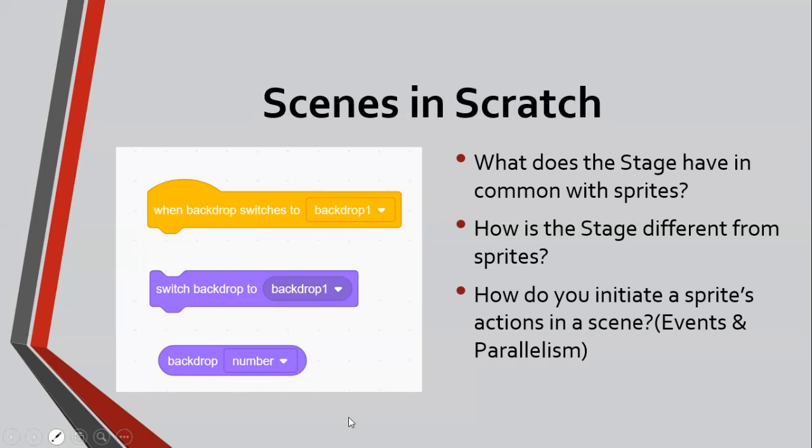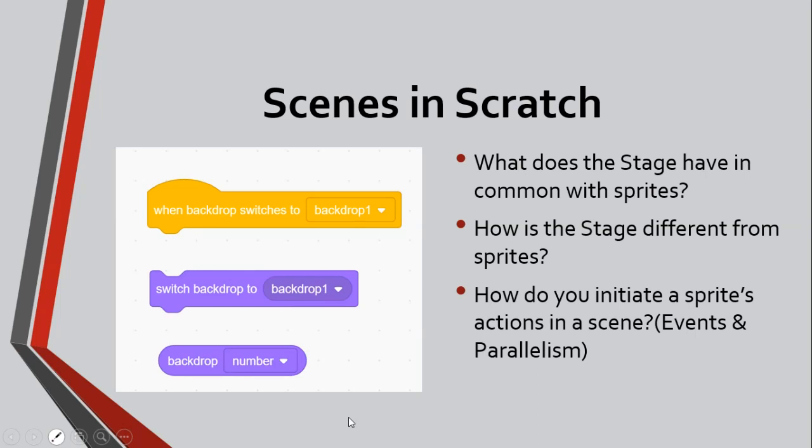Where are these characters going to perform? Is it a dancing stage? Is it a school scene? Is it a garden environment? Is it a festival? Is it a wedding? Is it a party? Is it a classroom? You need to know your scene. When we talk about scenes, we are talking about the stage, hence the backdrop.